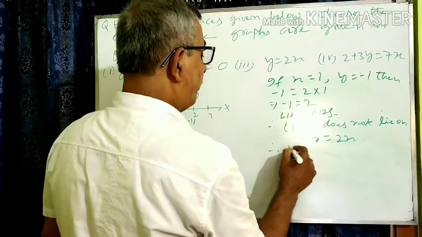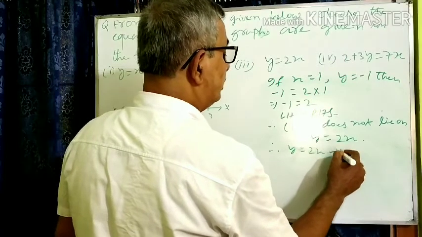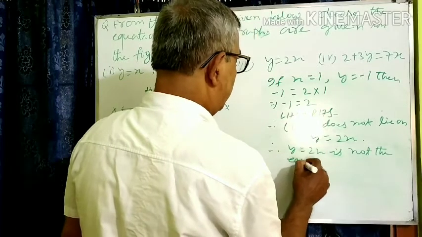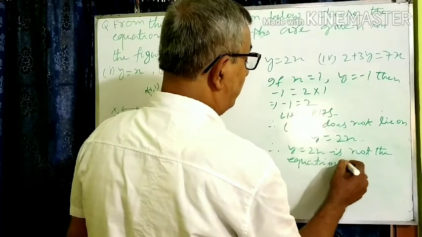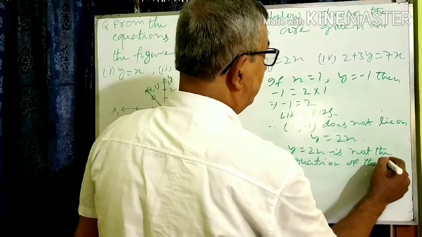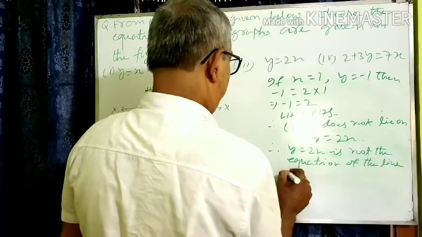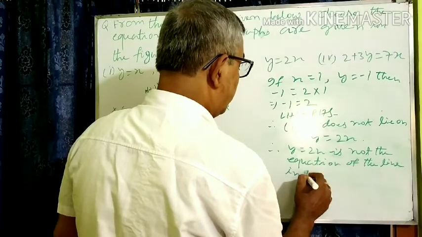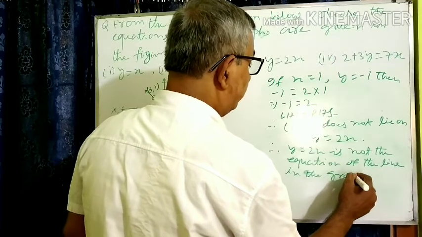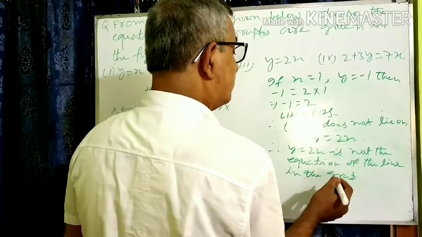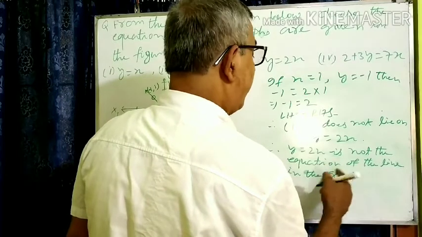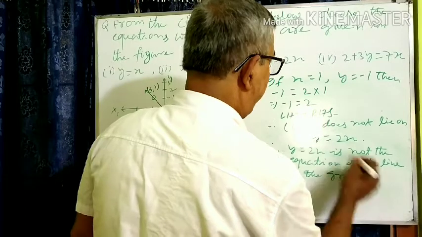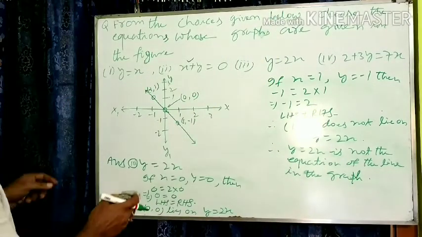Therefore, y is equal to 2x is not the equation of the line in the graph, or given in the graph. Okay, one more is remaining.